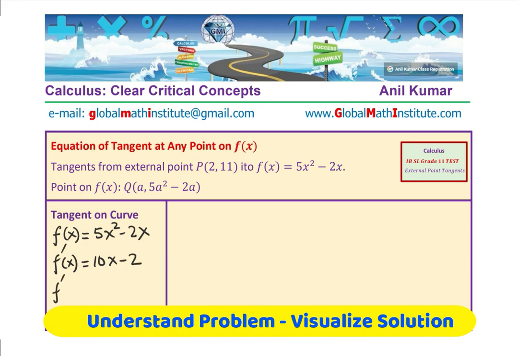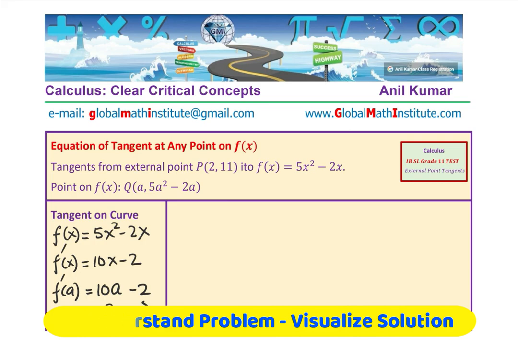So the derivative at point A will be, substituting x with a, 10a minus 2. So that becomes the derivative, right? And remember what the point is? Well, if I put a, I get the y value as 5a squared minus 2a. Clear? Right. So that becomes the point.